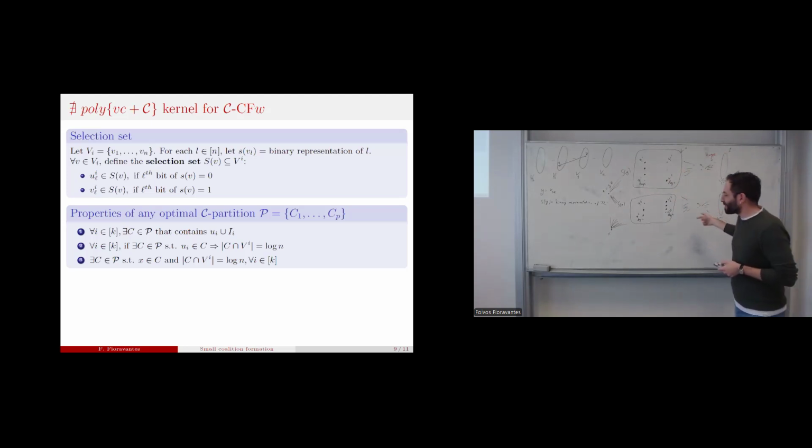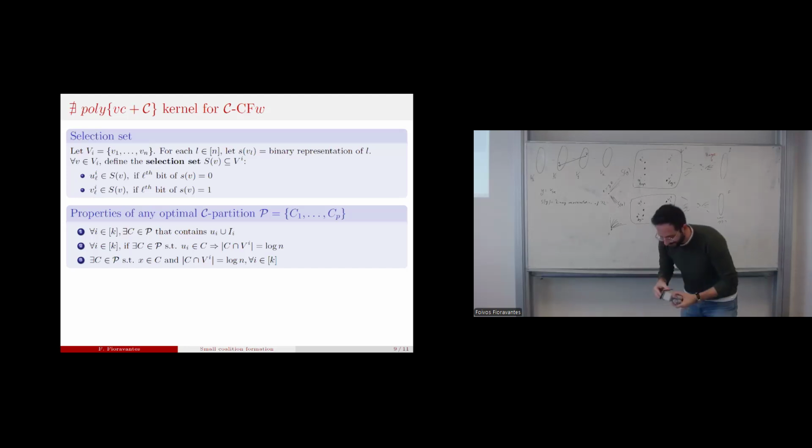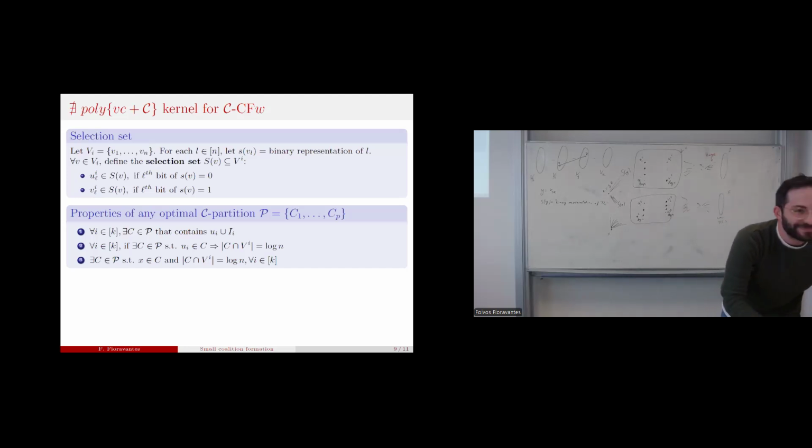It's simple, no? The size of this will be equal to minus huge. The size of this will be such that I have 1 plus this and exactly log n vertices from here.